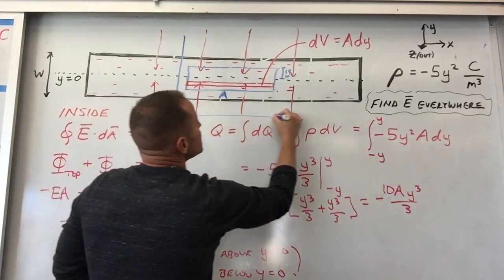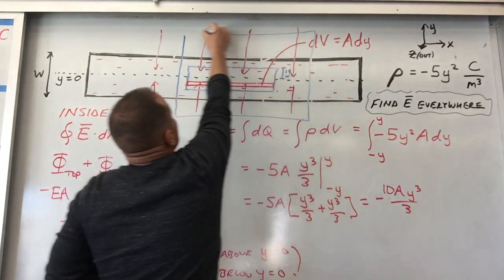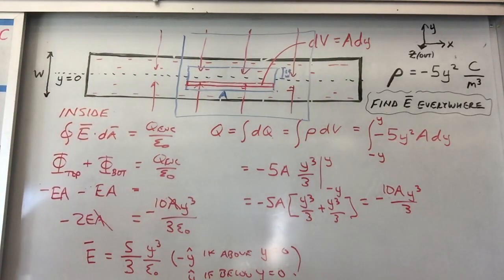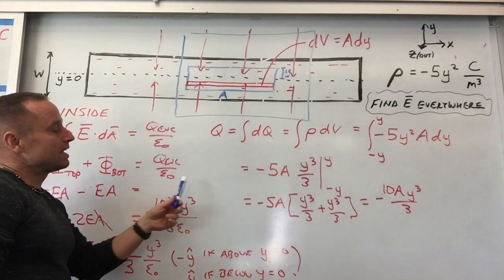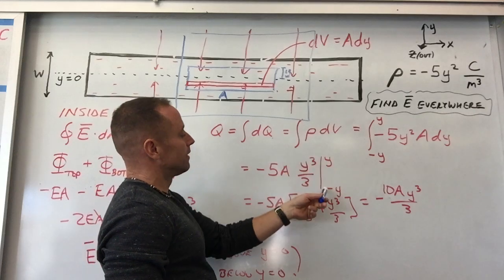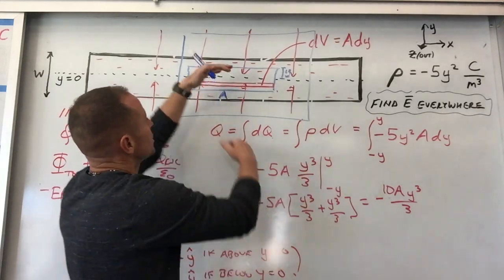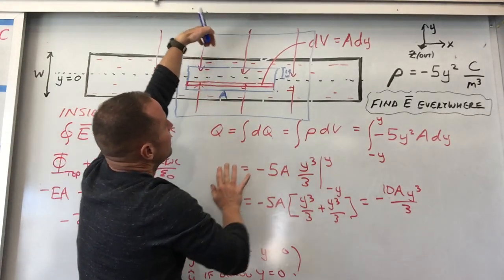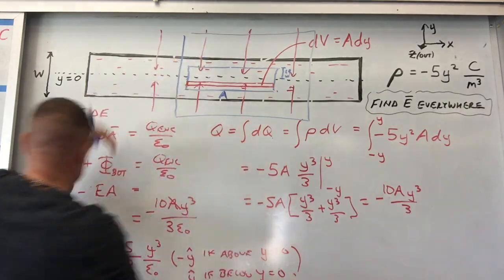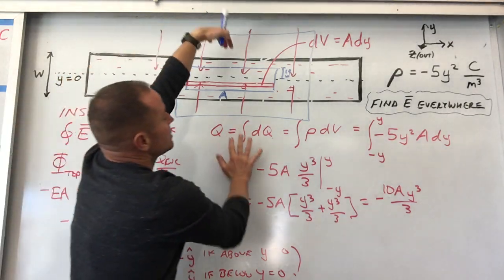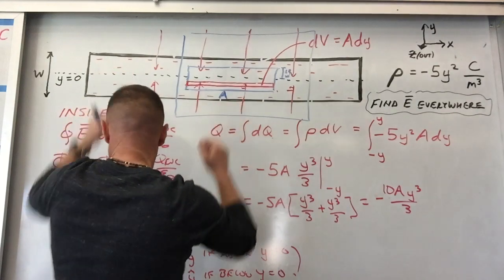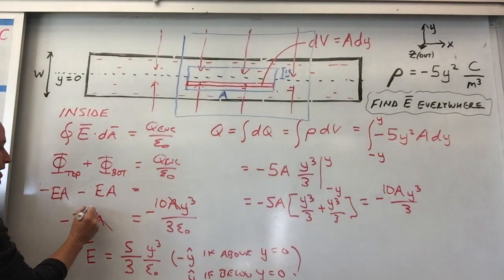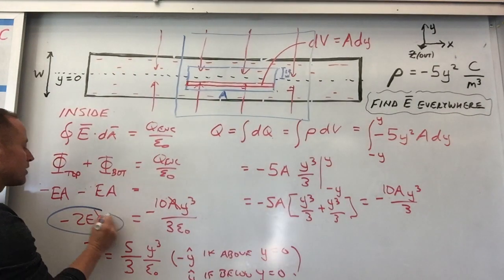You're going to make it like this now, because you're going to be probing outside. The flux through this thing is still going to be minus 2EA, because you get flux through the top and flux through the bottom. So this will stay the same when you're outside.